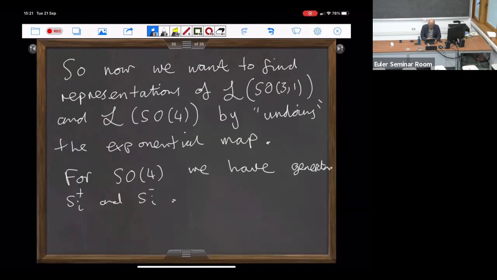So a general group representation, call this RD, just so we don't get confused.